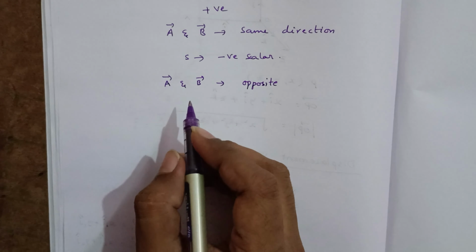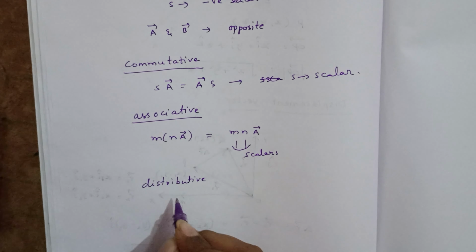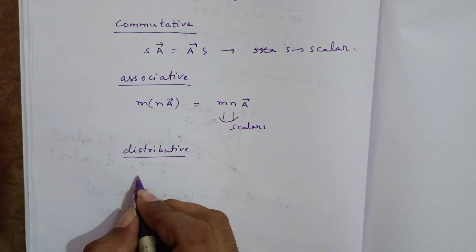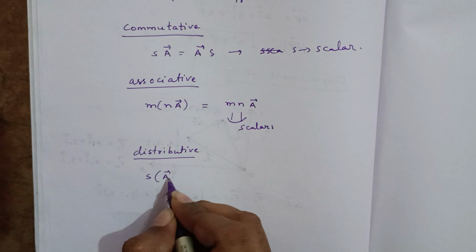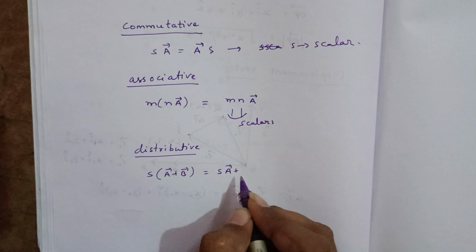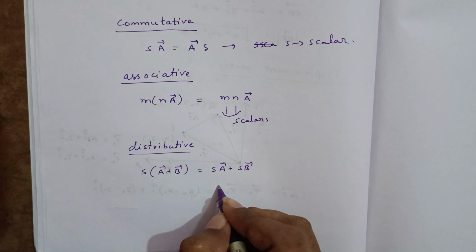Now the distributive law. Vector multiplication obeys the distributive law when multiplied with scalars: s into a bar plus b bar equals s into a bar plus s into b bar. Here s is a scalar. Okay.